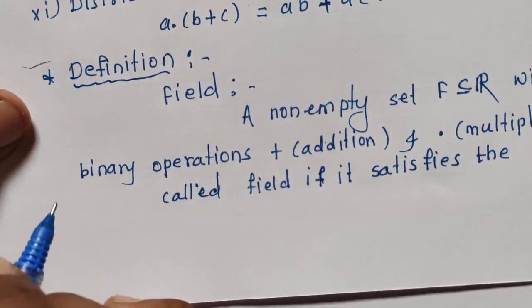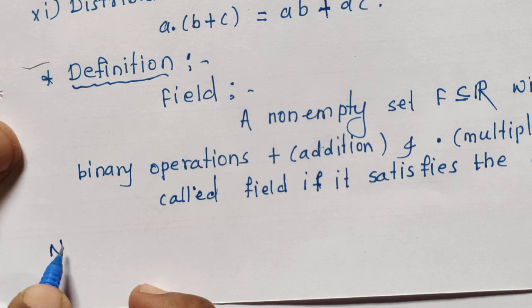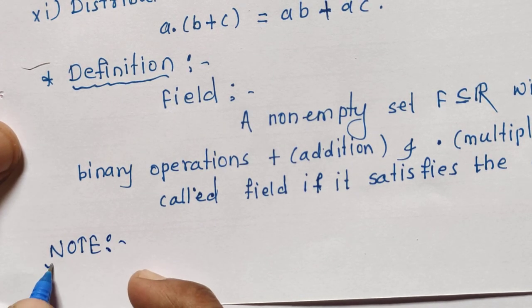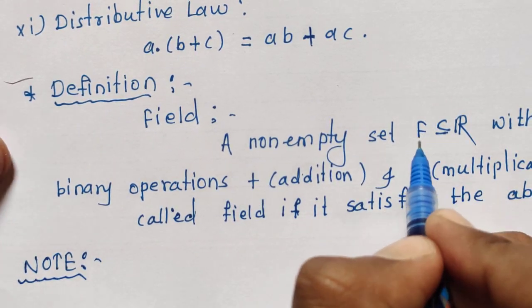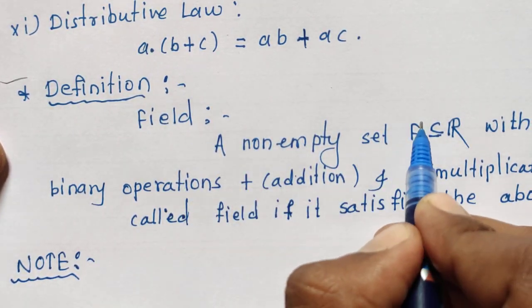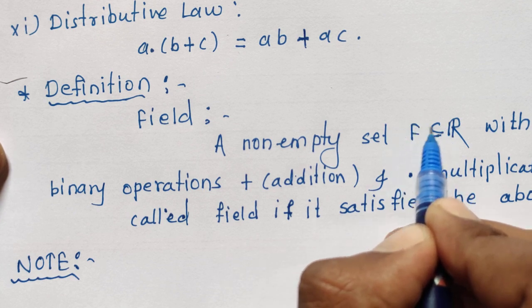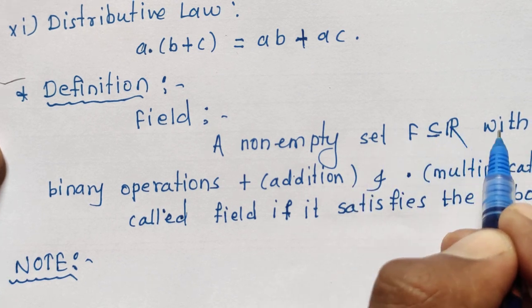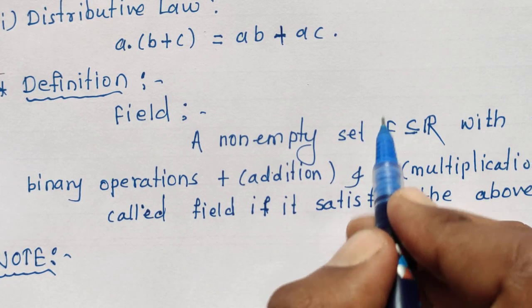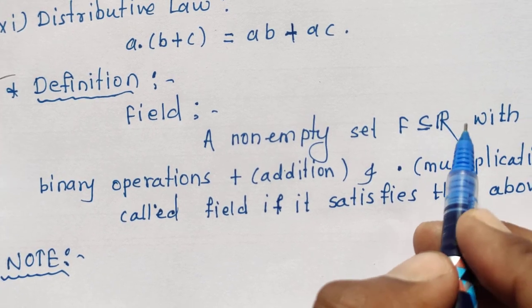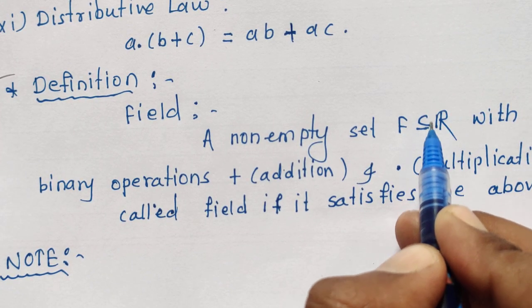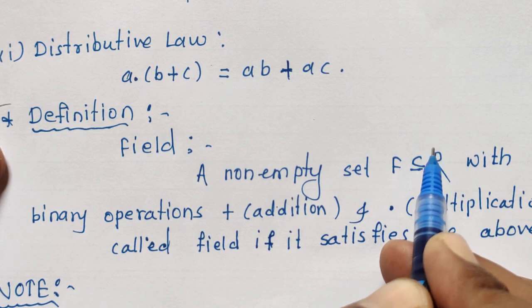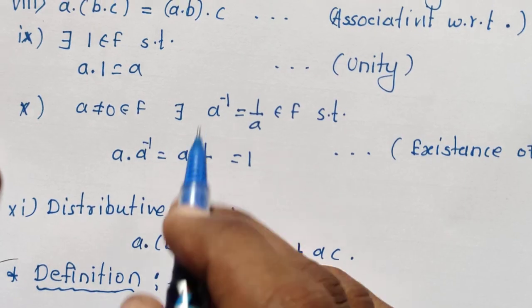So after this definition, we will take one note. The set of real numbers is itself a field. If we see the definition of field as any non-empty subset F of R satisfying all the above properties, then R itself satisfies all these 11 properties.